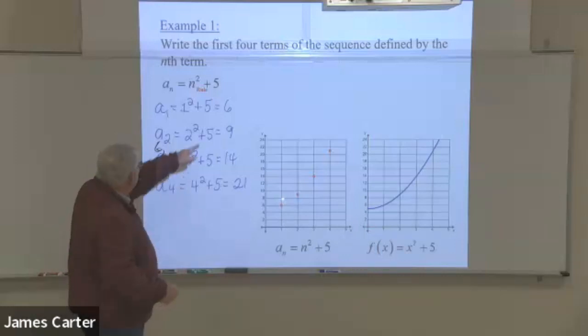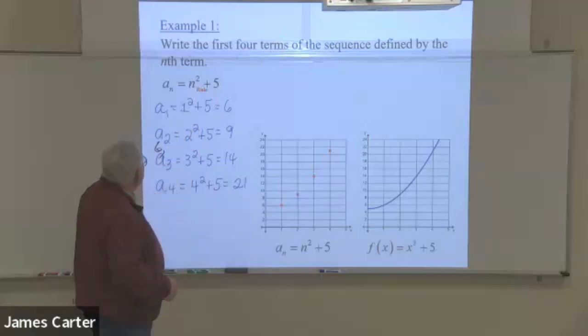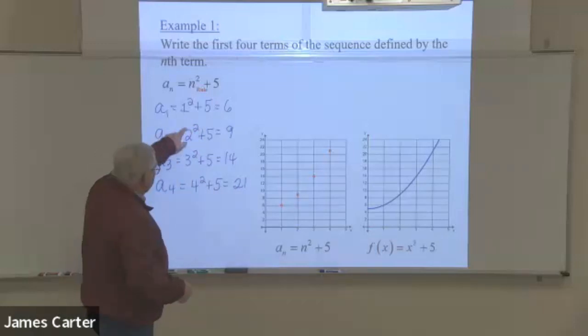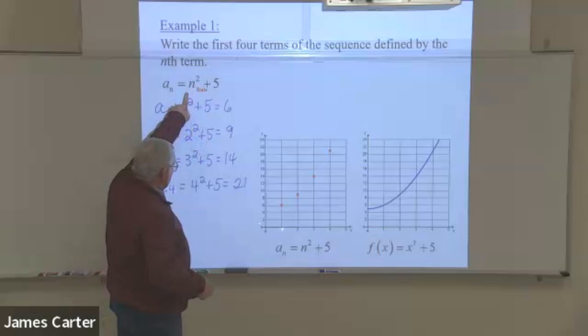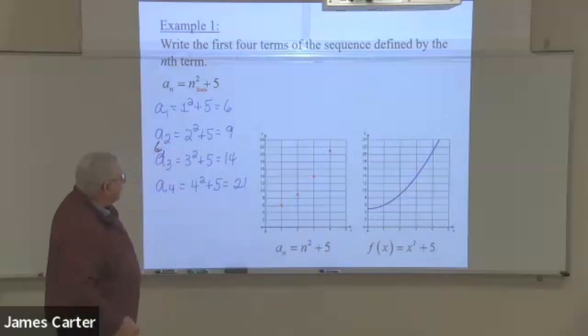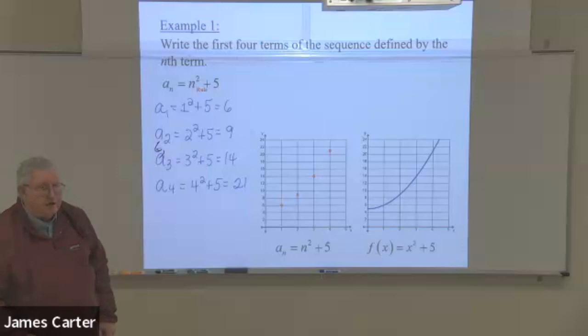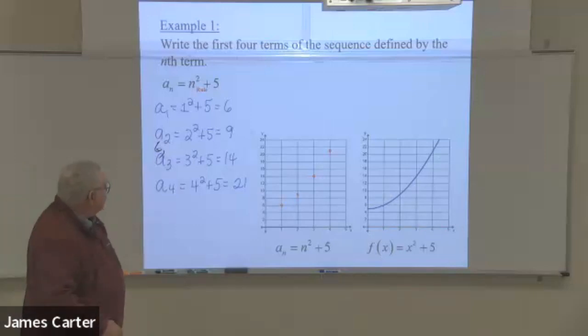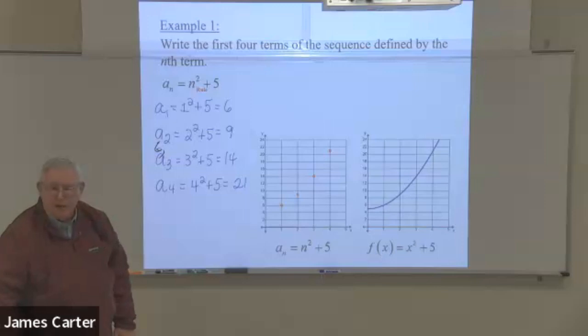Here are the individual values, okay? If n is 1, then we had 6. If n is 2, we had 9, 14, 21 respectively in the curve. So we can graph these. That looks very much like an exponential curve, doesn't it? Of some kind.